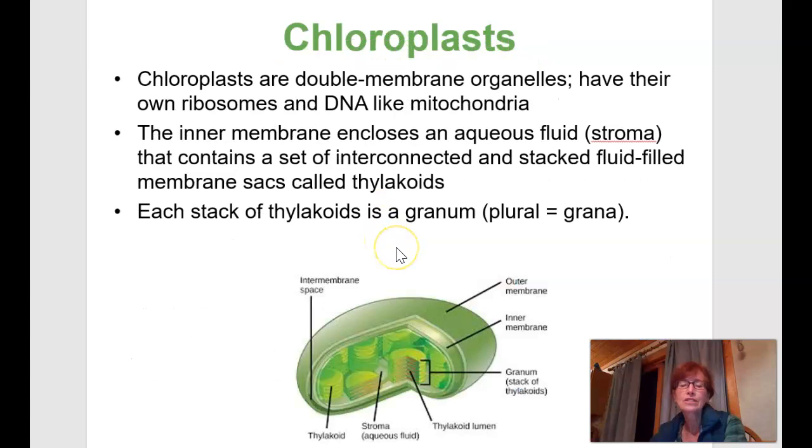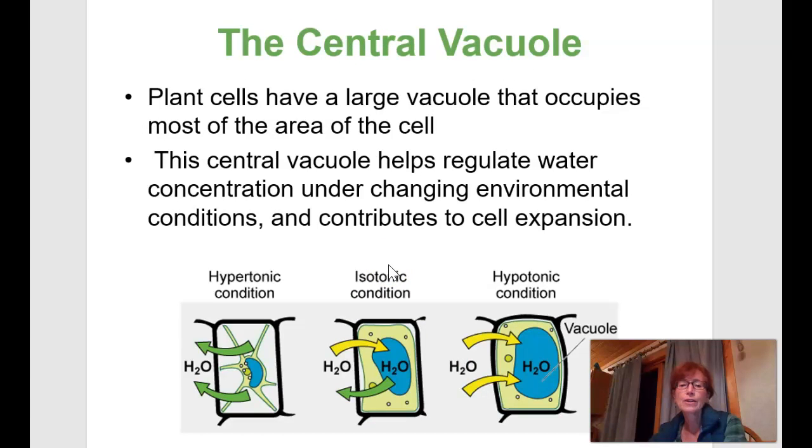Chloroplasts, we'll see these in detail later on, so just know what they are, what they look like. Central vacuole, we've already mentioned, and we're going to talk about what controls the condition of the cell when this vacuole is either going to lose water or gain water. So we'll get into that in specific detail.